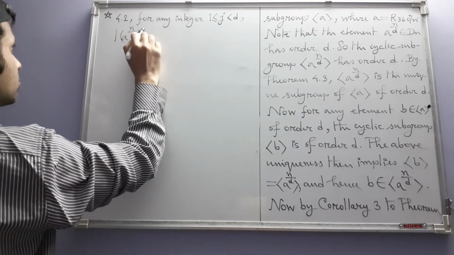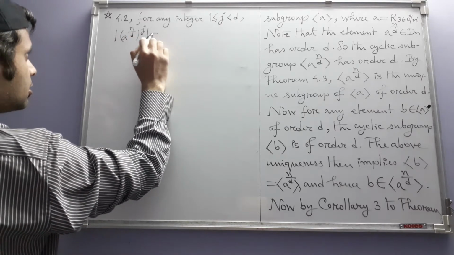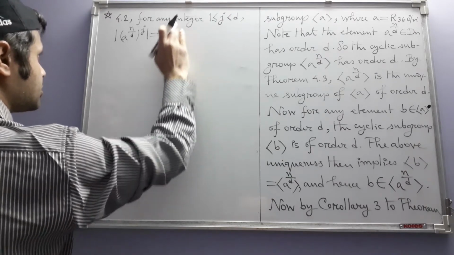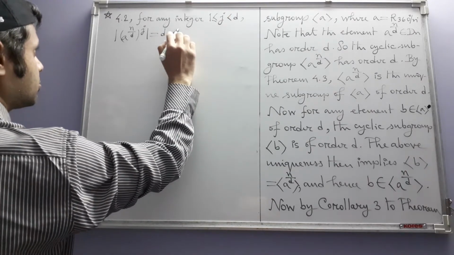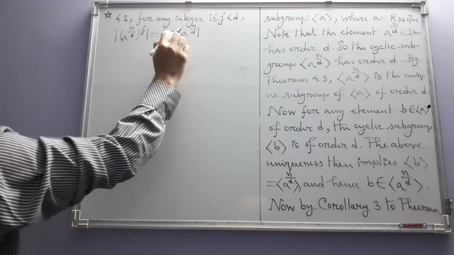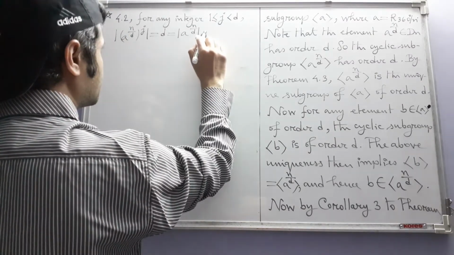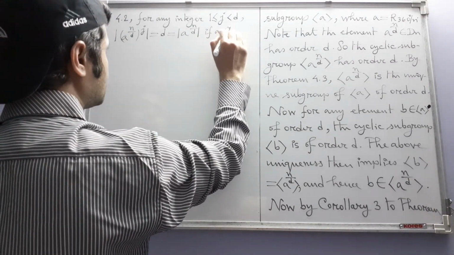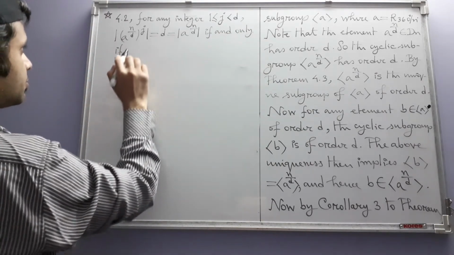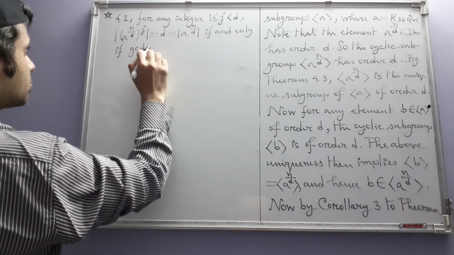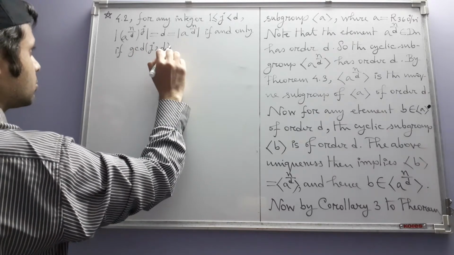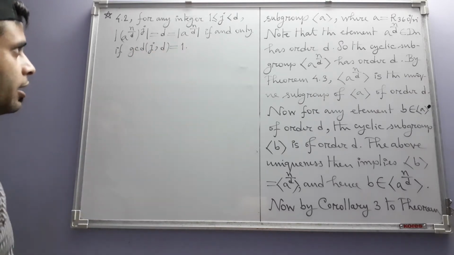is equal to D, which is, let us just also mention this fact, that it is the order of a to the power n by d, if and only if j and D are relatively prime.